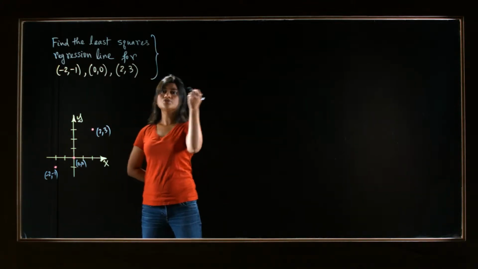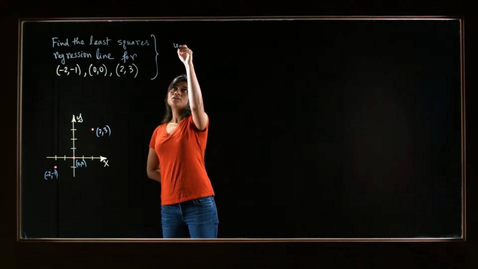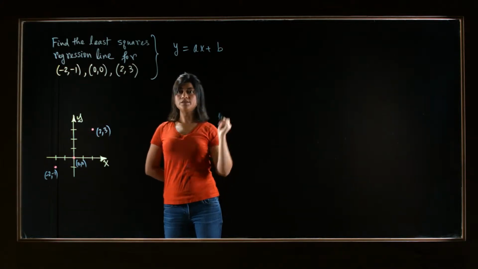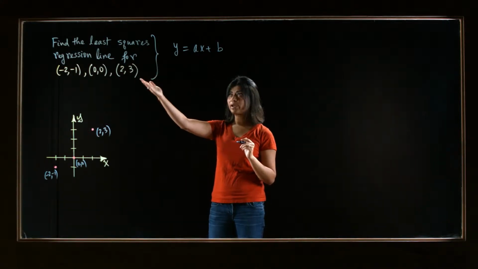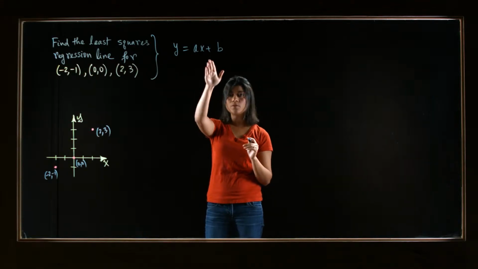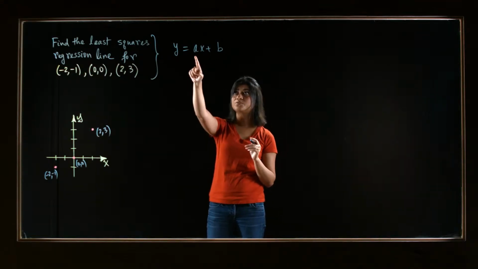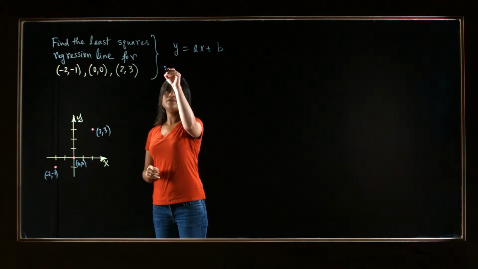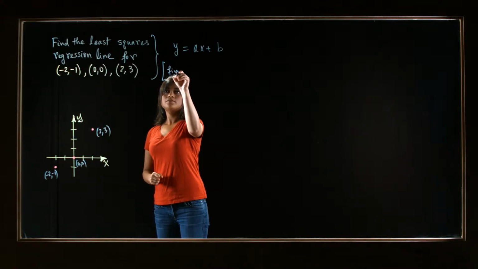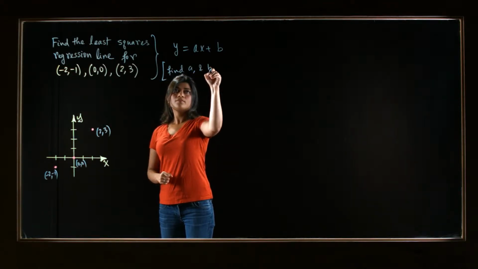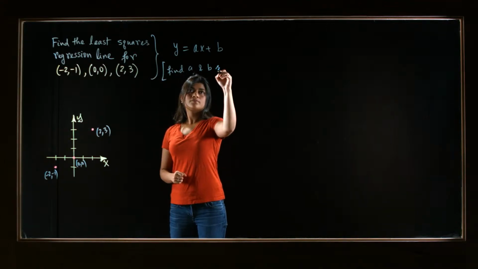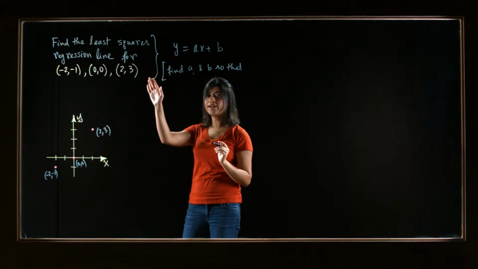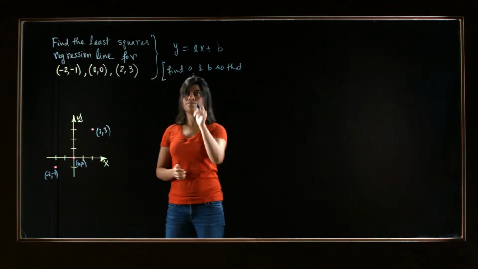Okay, so suppose the line is y equals ax plus b. Now, what is a least square regression line? This is a general form of the line. Now, what do we have to figure out? Of course, we have to find a and b, but what conditions do we need? So, we need to find a and b so that the sum of squared error has to be minimum.